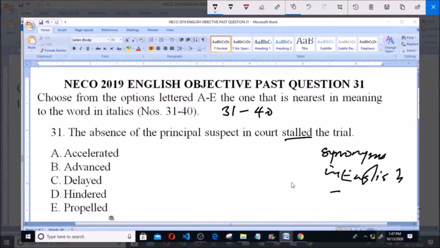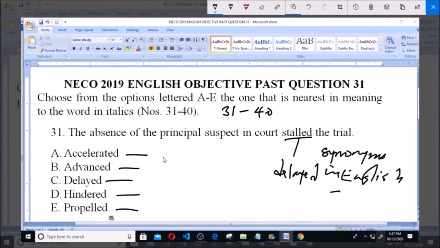And when we talk of stall, the word stall means delay. So option A says accelerated, B says advanced, C says delayed, D says hindered, E says prepared.